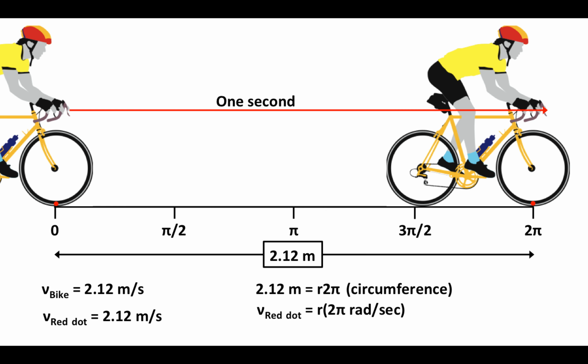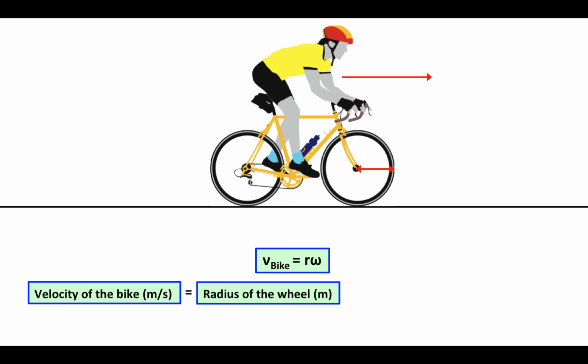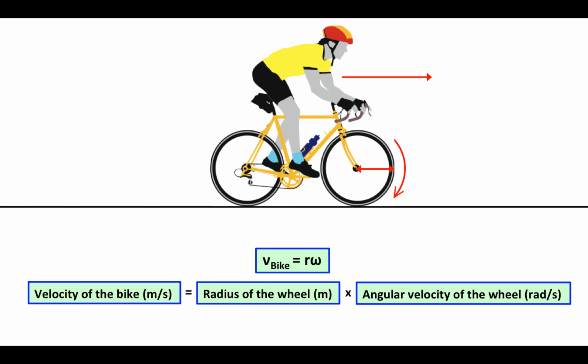So the velocity of the red dot is the radius times 2 pi radians per second, and that's the radius times the angular velocity of the wheel, and that is also equal to the velocity of the bike. So the velocity of the bike in meters per second is equal to the radius of the wheel in meters times the angular velocity of the wheel in radians per second.